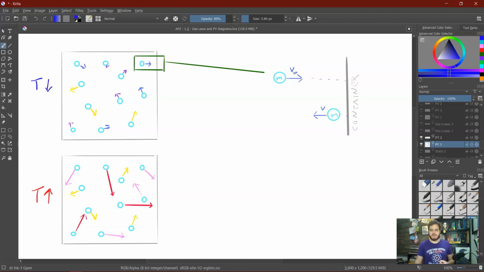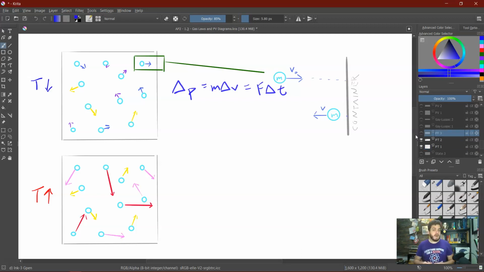It goes with some velocity v naught, hits the wall of the container, and then bounces back with a new velocity v, which is the same magnitude, but opposite in direction. Now recall that that means this molecule has undergone some change in momentum or impulse equal to m delta v, which we also know is equal to F delta t, where F is the force of the container on the molecule, and delta t is the time of that interaction.